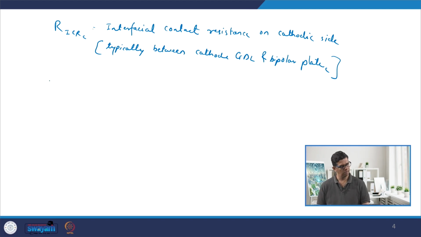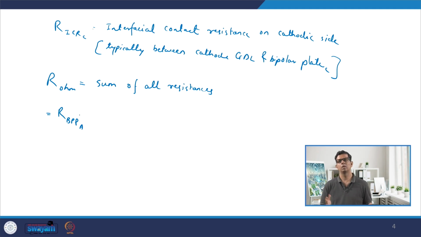Typically this R ohmic resistance that we talk about is the sum of all these resistances. Let us write this down. Let us start with R BPP anode. We also have a few more auxiliary components such as current collectors, however they are not included in this portion of the discussion.